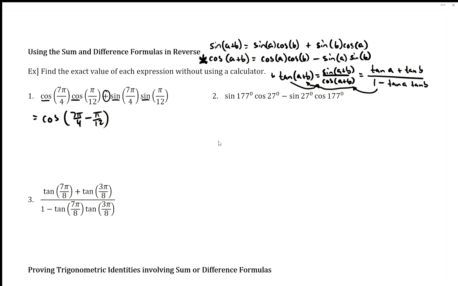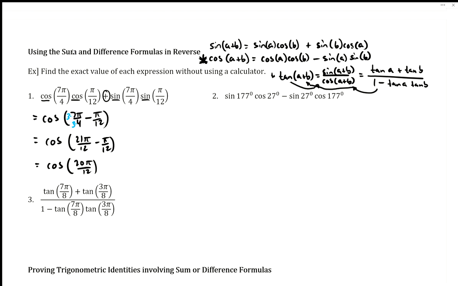Now it's simplify. We need a common denominator, so this would get multiplied by 3. So we'd have cosine of 21 pi over 12 minus pi over 12. That simplifies to cosine of 20 pi over 12.